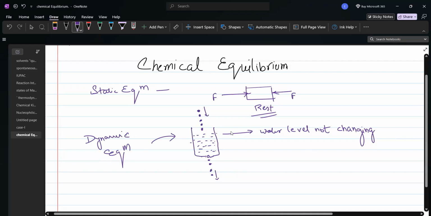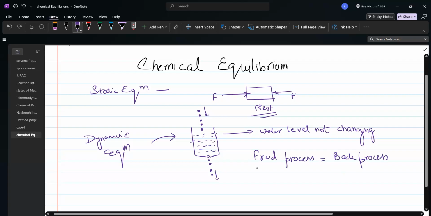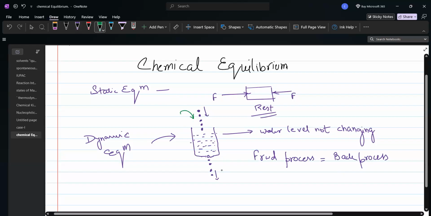So what is actually happening is that the forward process is equal to the backward process. What is the forward process? Here the forward process is addition of water, and the backward process is removal of water.